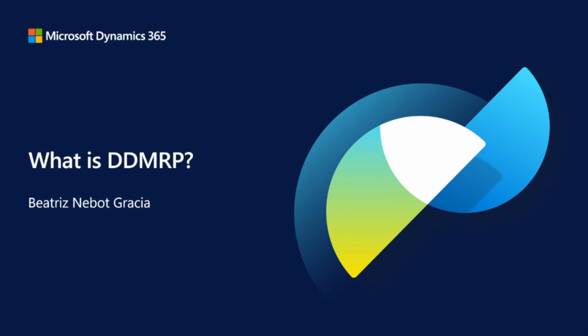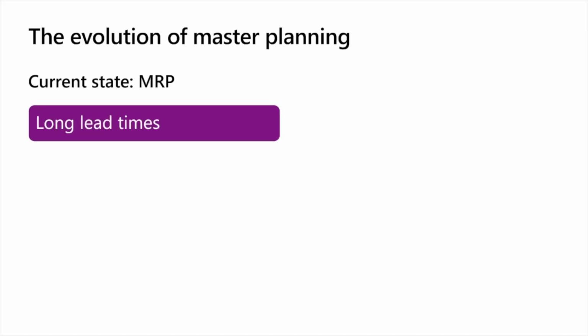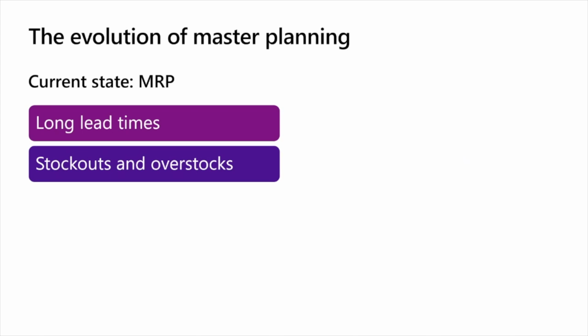Let's start by understanding what is DDMRP. So far, companies have been using MRP, but in the last years, supply chains have changed. There are many parts that come from overseas, having long lead times. Many companies reported suffering stockouts or overstocks, not knowing how much to stock.